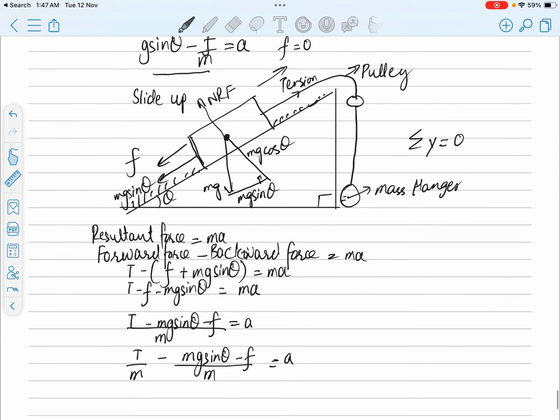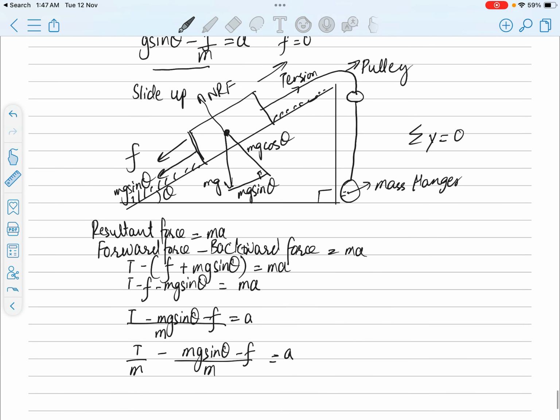In the earlier case, while the tension was being applied, the block was moving upward because the friction plus mg sine theta was not equal to the tension, so it was accelerating upward.